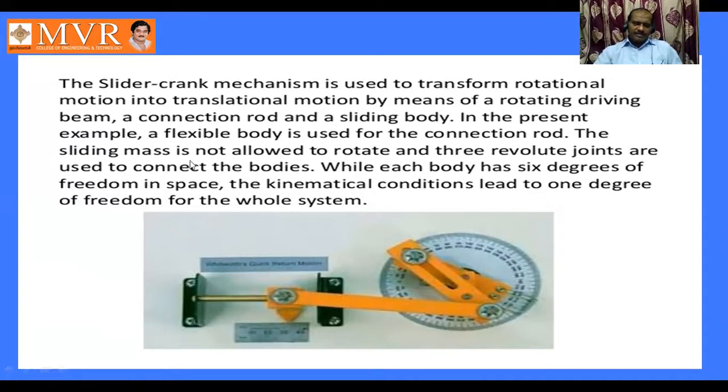The sliding mass is not allowed to rotate and three revolute joints are used to connect the bodies. While each body has 6 degrees of freedom in space, the kinematical conditions lead to 1 degree of freedom for the whole system. So this is the explanation of how the mechanism is going to be working here.